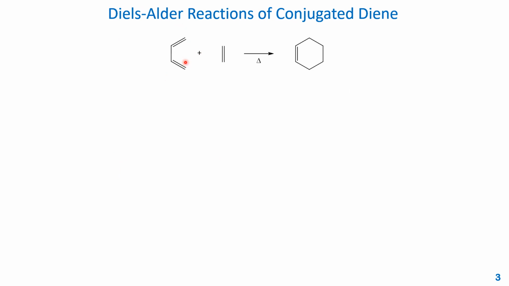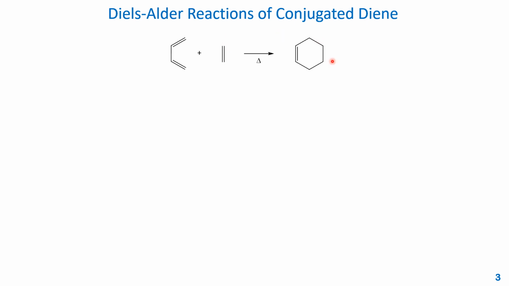Okay, so the Diels-Alder reaction usually needs a butadiene or conjugated diene and another component, a dienophile. The dienophile needs to provide at least one pair of pi electrons. So usually it's a double bond, an alkene, or sometimes an alkyne. If it's an alkyne, that will just use one pair of pi electrons.